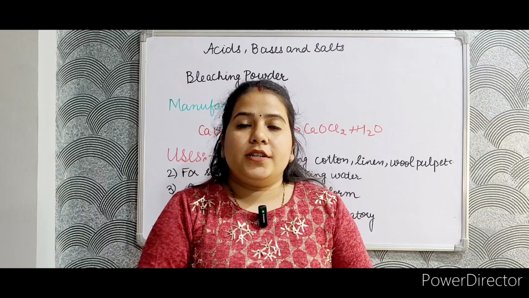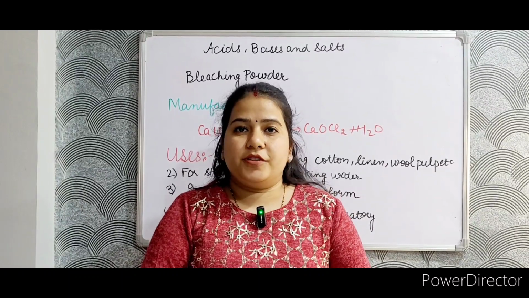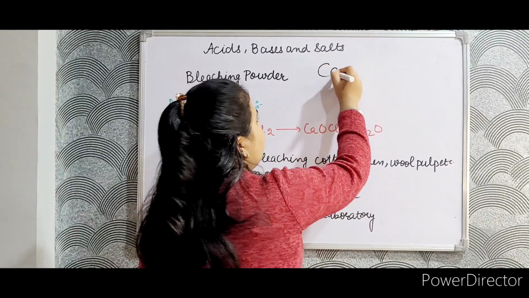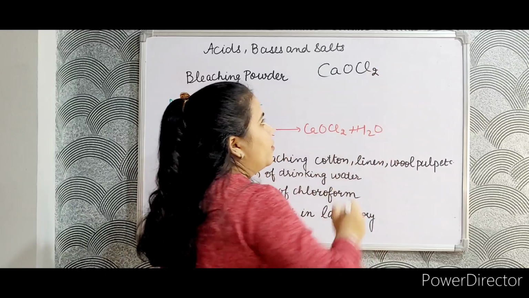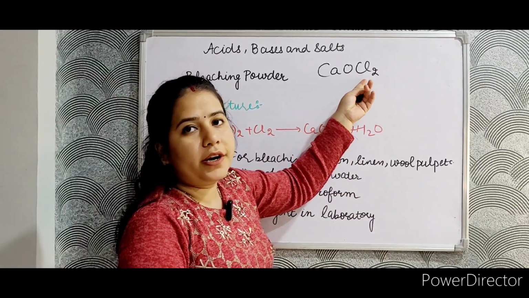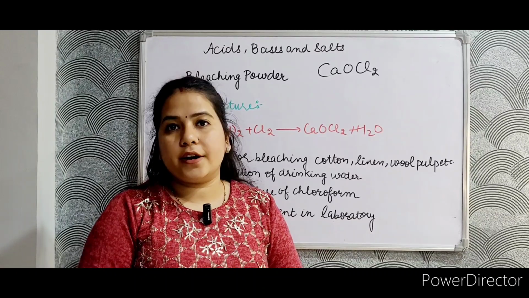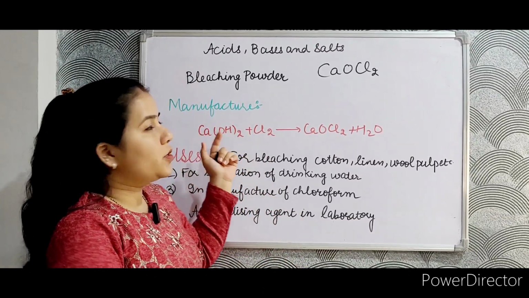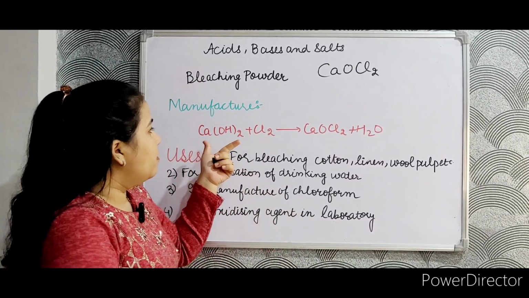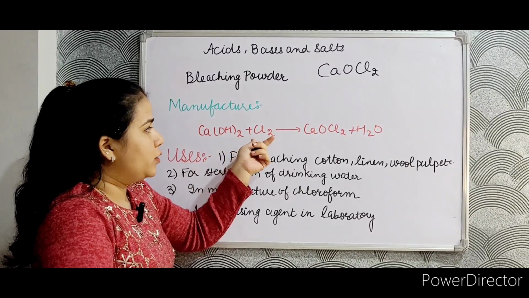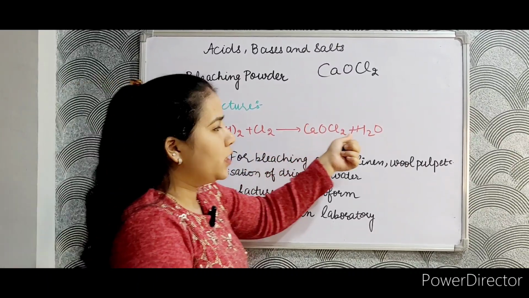Our next compound is bleaching powder. The formula for bleaching powder is CaOCl2, calcium oxychloride or calcium hypochlorite, also known as chloride of lime. The manufacture process of bleaching powder is by slaked lime. When it reacts with chlorine, it forms CaOCl2 and water.